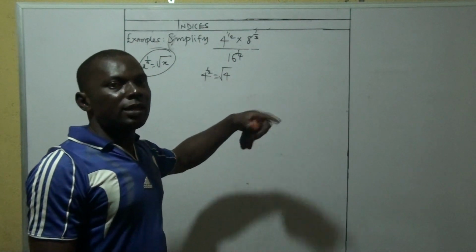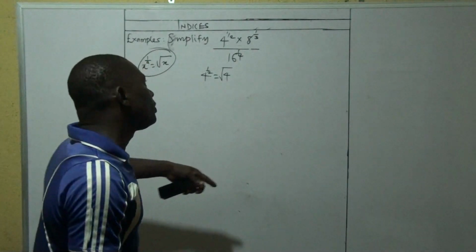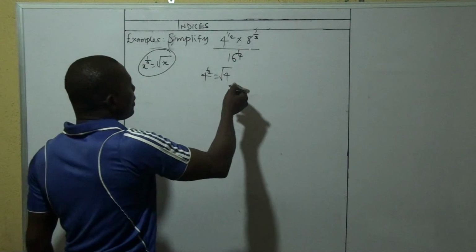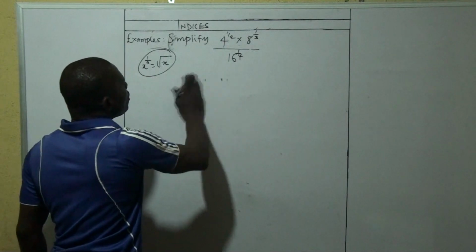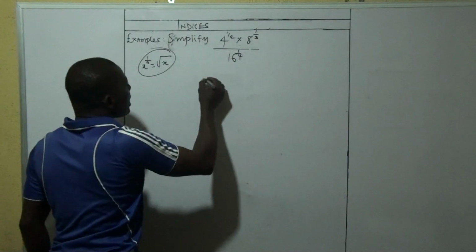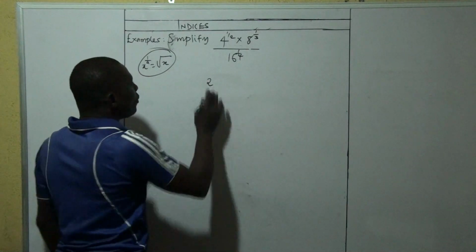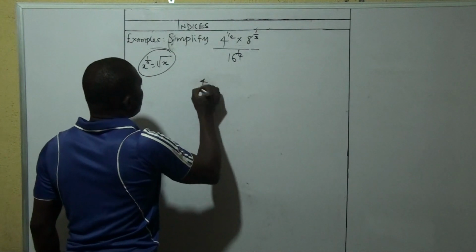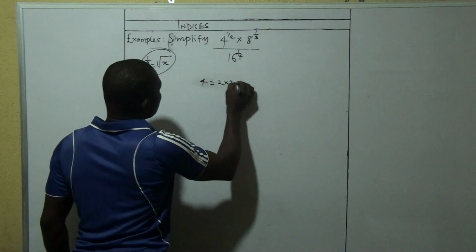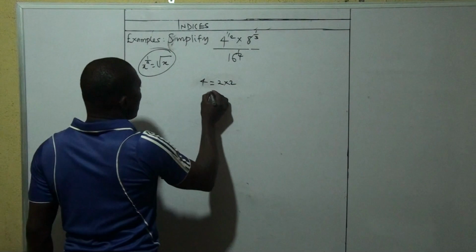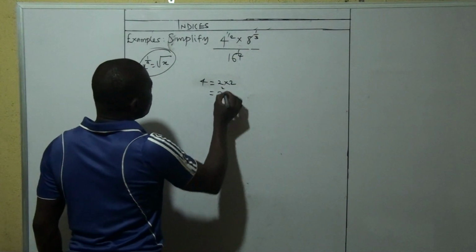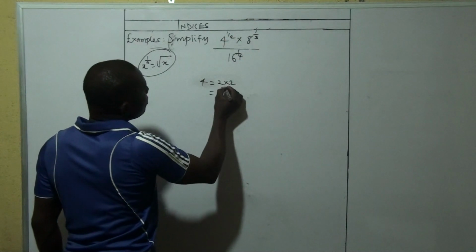Which number will multiply itself twice to give us 4? That will be the square root of 4. Or if we don't want to do it in that manner, we can simply express 4 as 2 times 2, which is 2 raised to power 2.